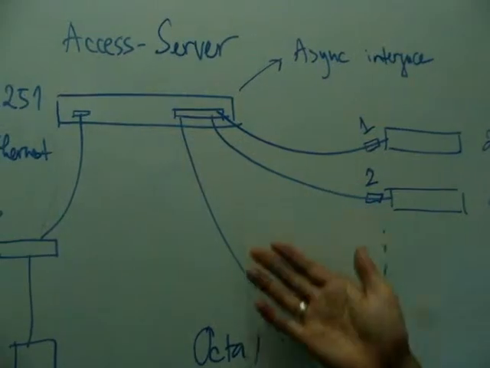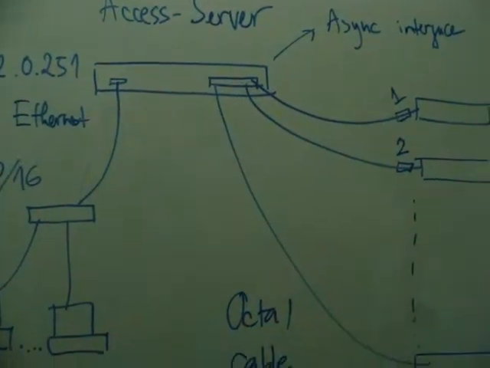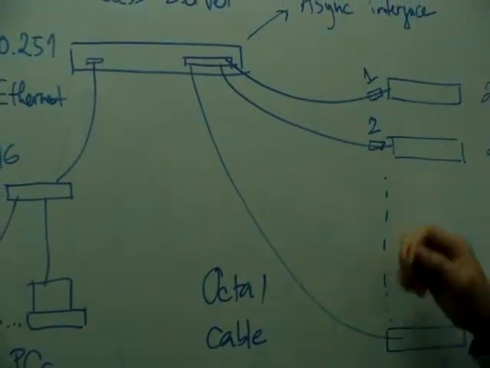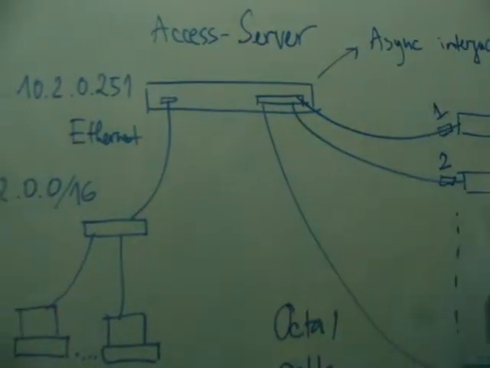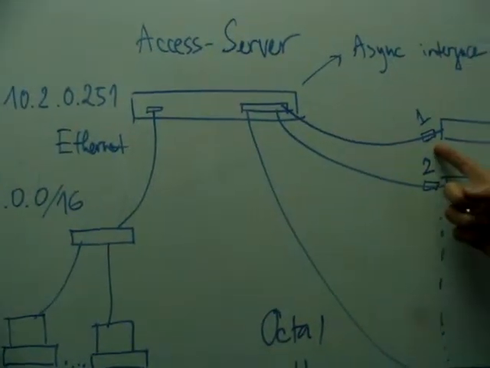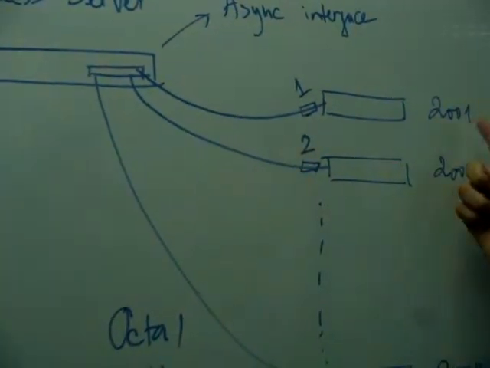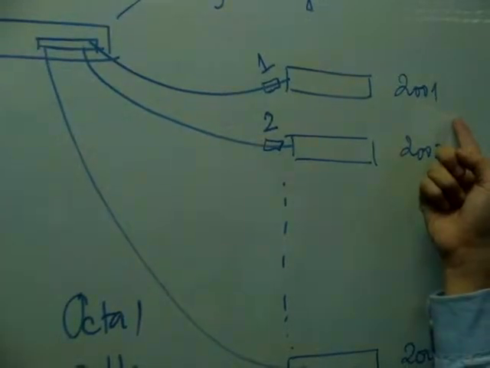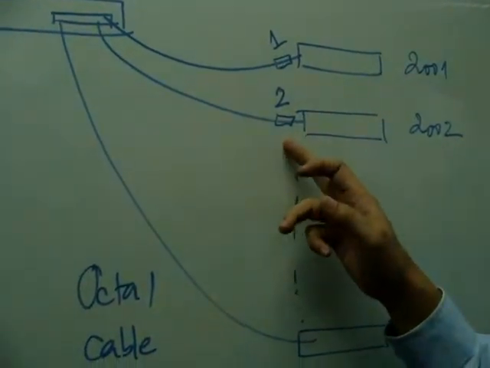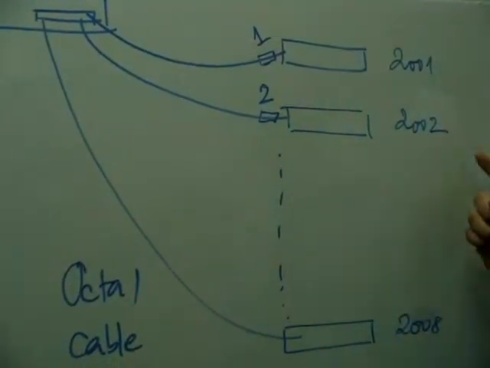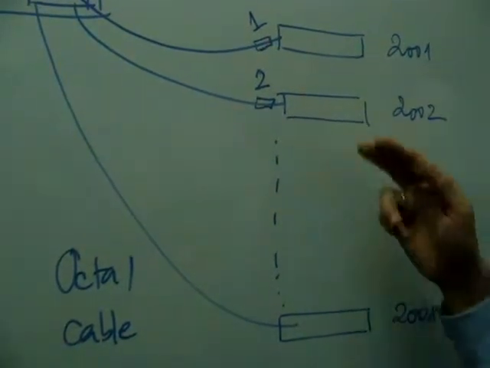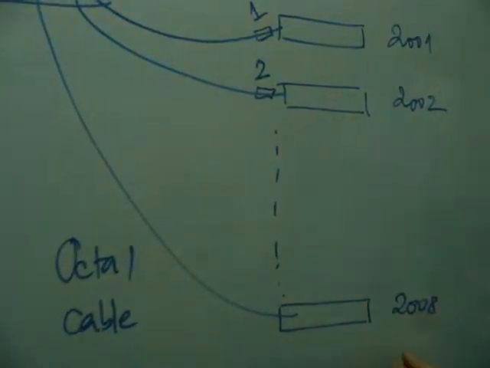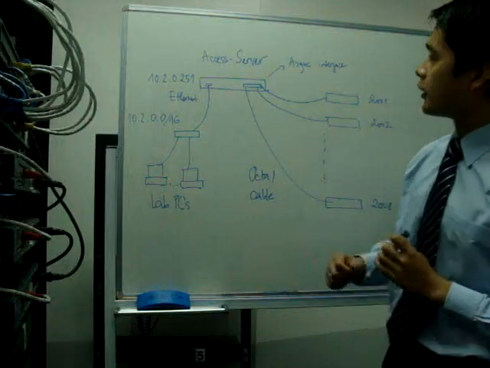The vendor of this cable will write the number on the line for you, and inside the server, this line will be assigned a port number: line 1 with the number 2001, line 2 with the number 2002, etc., until line 8 with the number 2008.